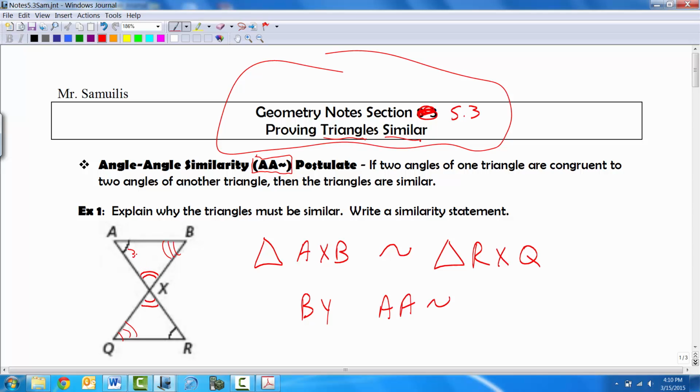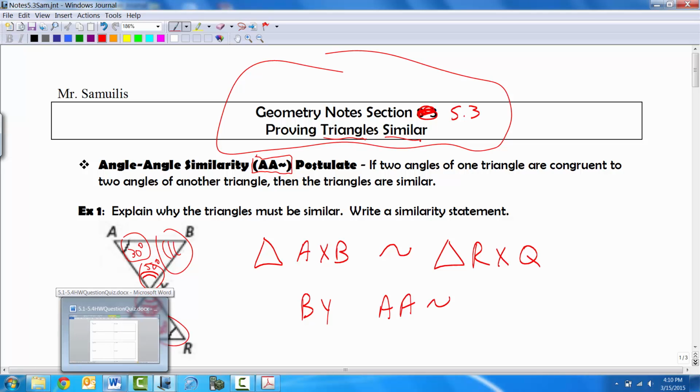Let's say this was 50, so this would have to be 50 because they're vertical. Then these add up to 80, so in both triangles 100 degrees has to be left over for the last angle. If I tell you that this angle is equal to this one and this one is equal to this one, there is no way that could not be equal to that one.